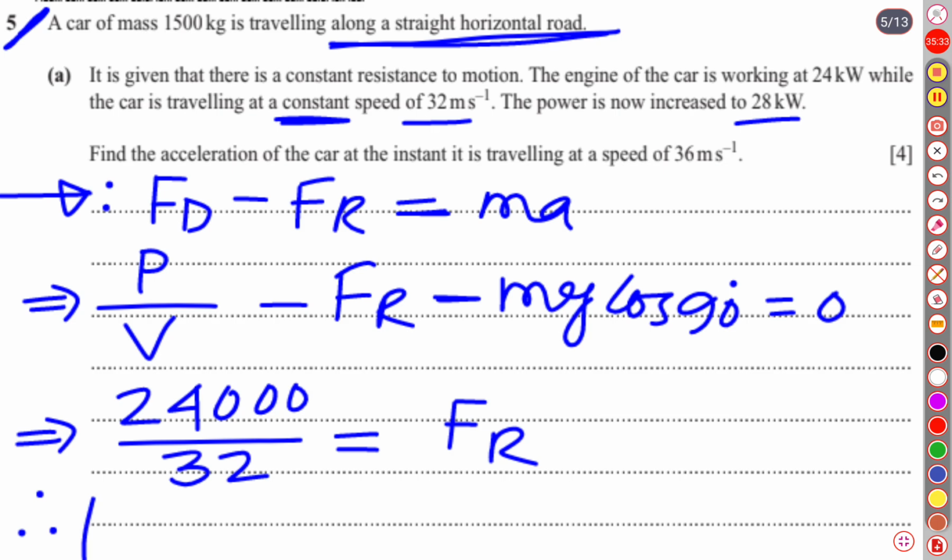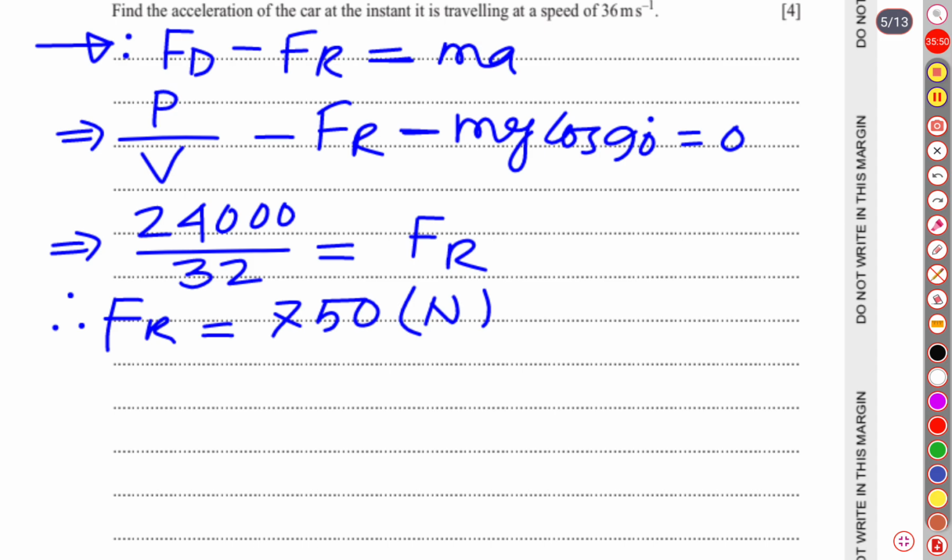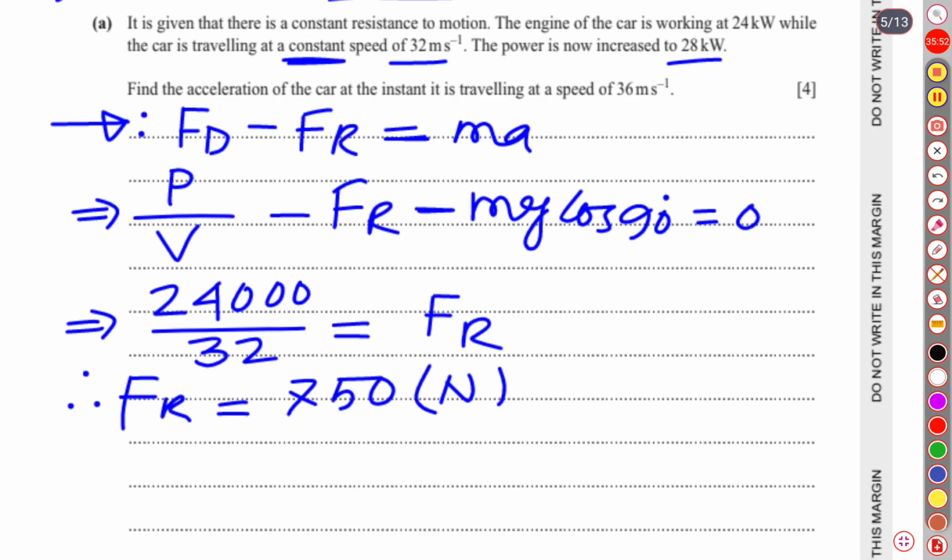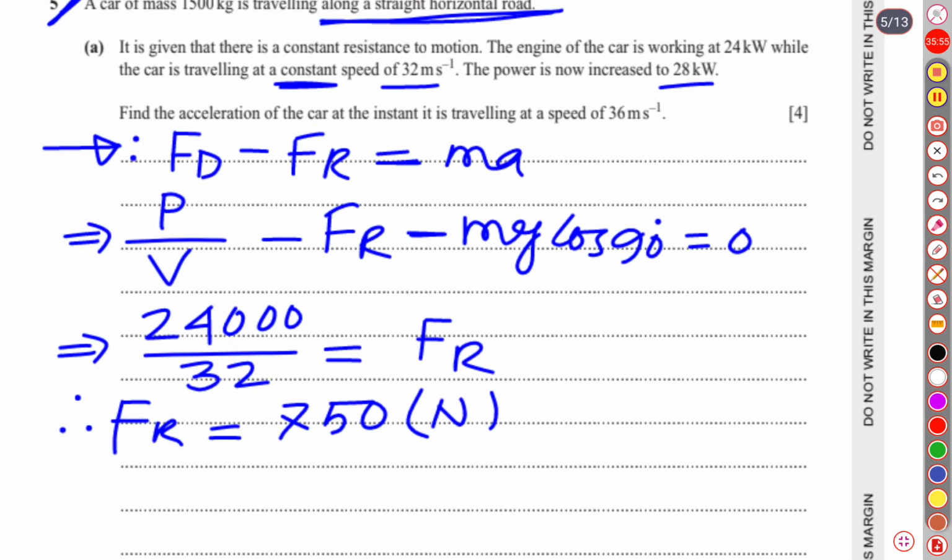So if we divide 24,000 by 32, our frictional force is 750 Newton. Now that we have found our frictional force, we can easily find our acceleration as well.